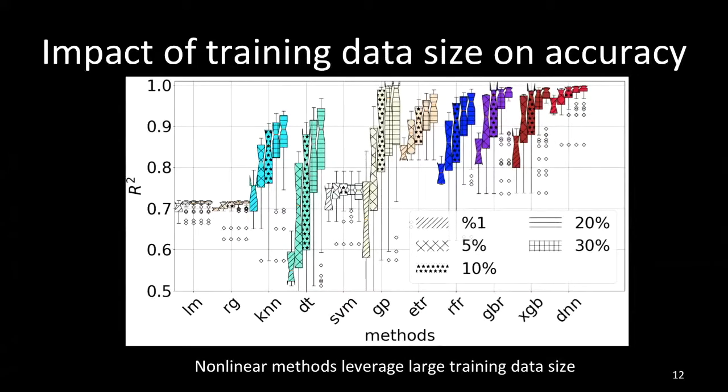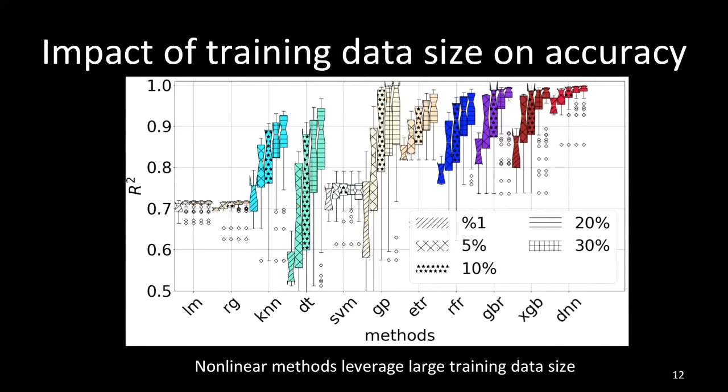Impact of training data. So we started with 20% training data. So far, the results that you have seen are with 20% training data. And then we started reducing and increasing the training data to see what is the impact of the training data on the prediction accuracy. Again, on the y-axis you see R squared, and these are all box plots, and you see the linear model without feature engineering, even if you throw in more data, it is not going to improve because it cannot capture the nonlinearity in the data. Okay?